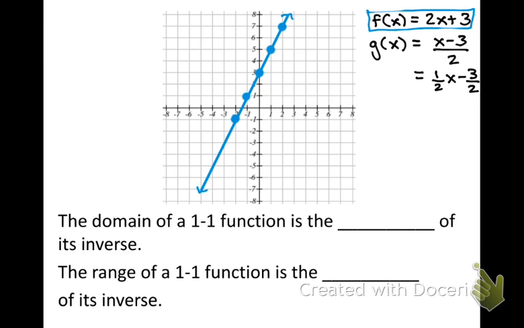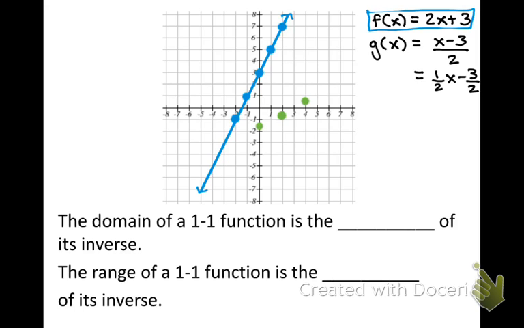Okay, and now let's do the same thing with g of x. G of x, we have a y-intercept of -3/2, so -1.5, and we have a slope of 1/2, so we're going to go up 1 over 2. Up 1 over 2.